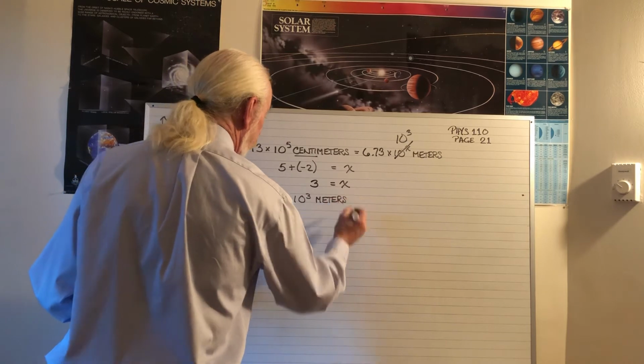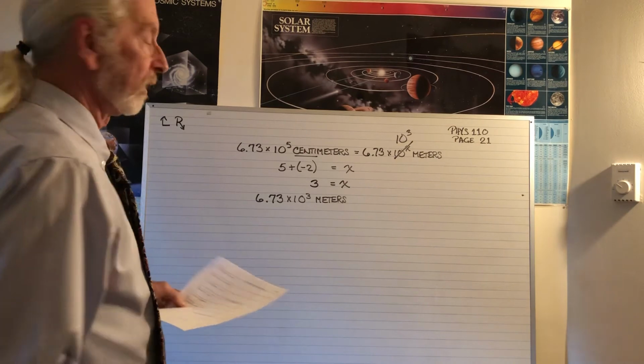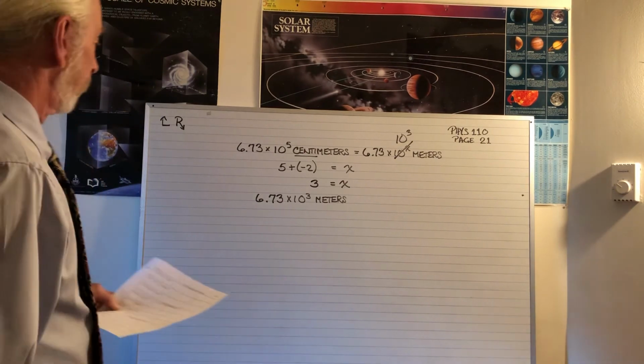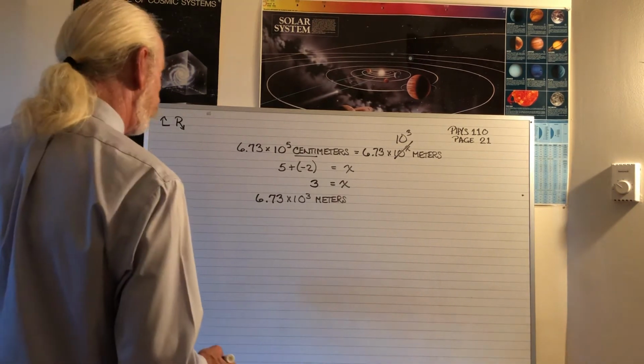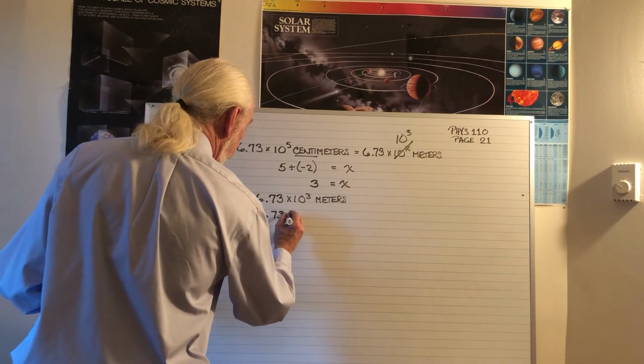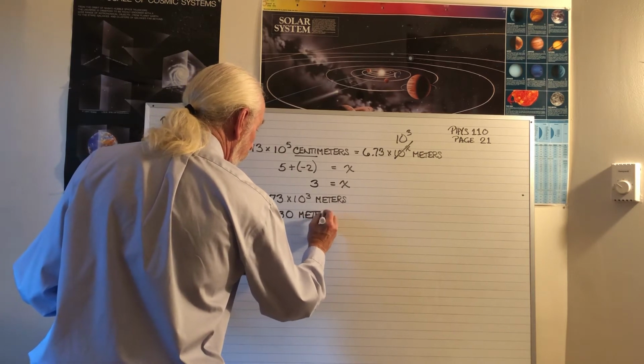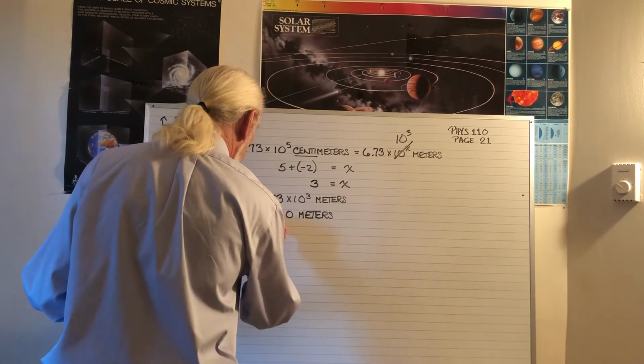But I want standard notation, 10 to the 0. From a 3 to a 0, the exponent is going down. Decimal moves to the right 3 places. There we go.